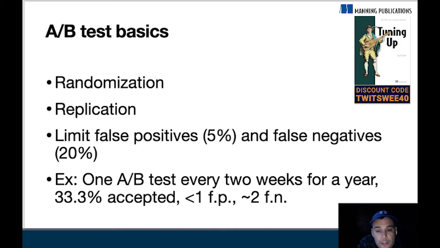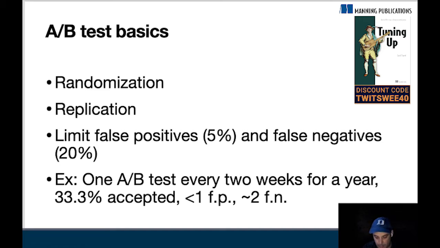And so imagine you ran an A/B test every 2 weeks for a year, and you had Microsoft's acceptance rate of 1/3 or 33.3%. You'd find you'd have about less than one false positive in that year and about 2 false negatives. Now that's one false positive in a year.